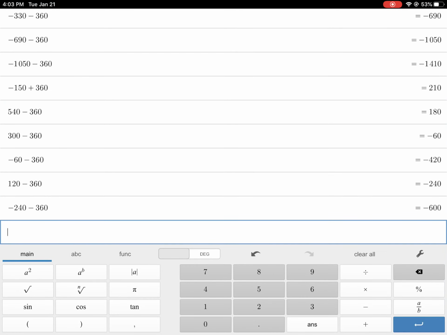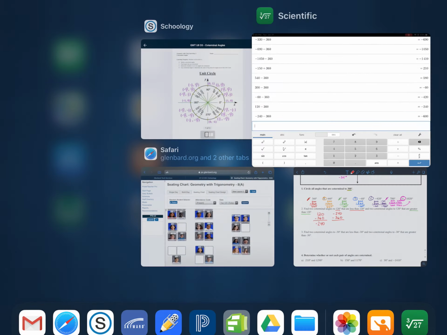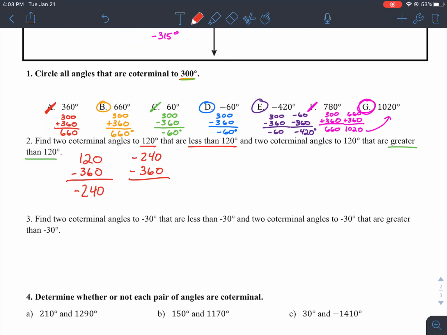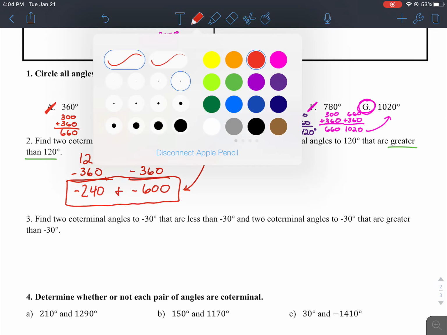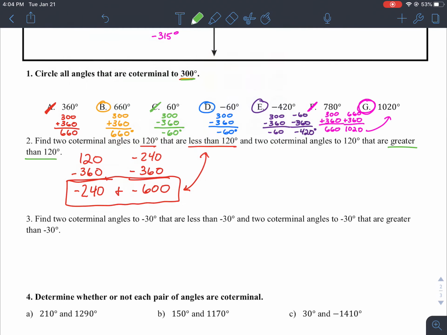And that's going to give us our second answer, negative 600. So these 2 are the 2 coterminal angles that are less than 120 degrees. Same landing spot on the unit circle, just different numbers overall.